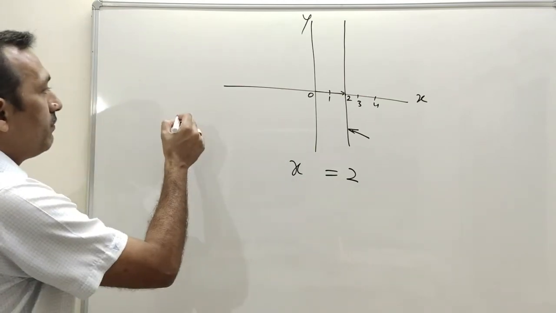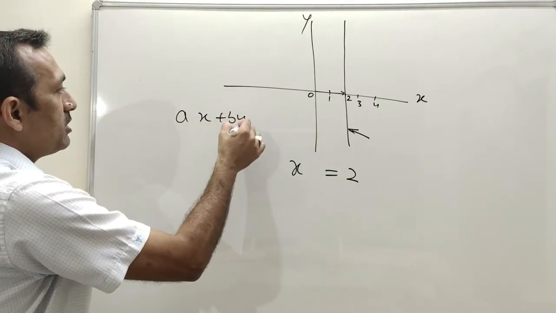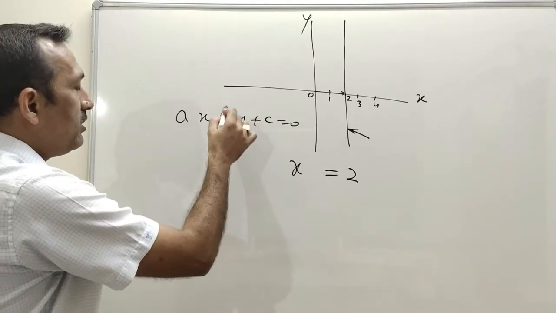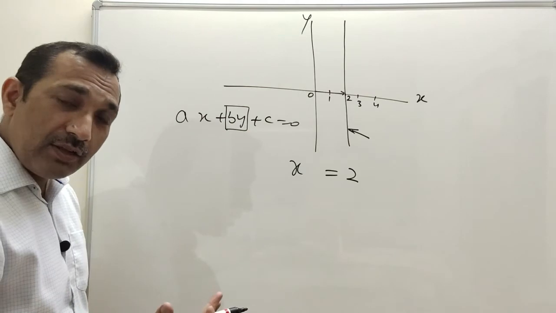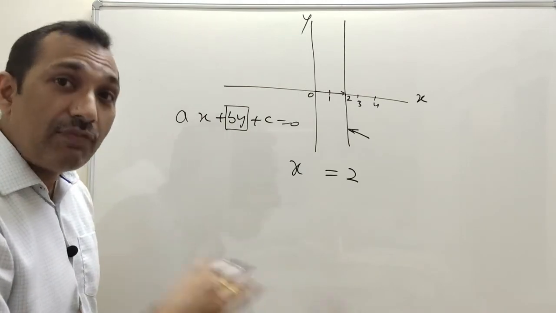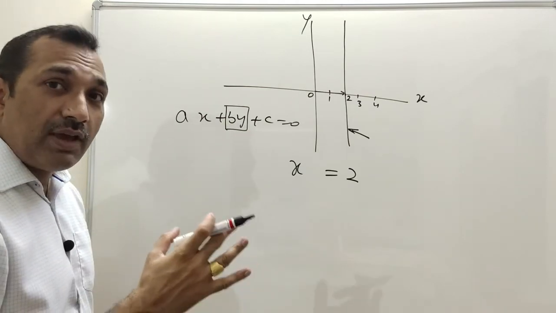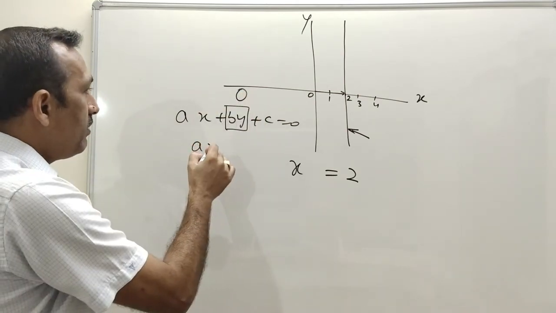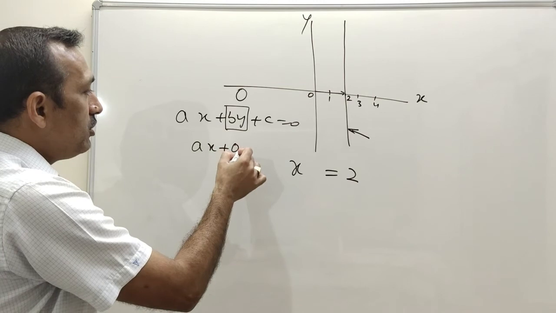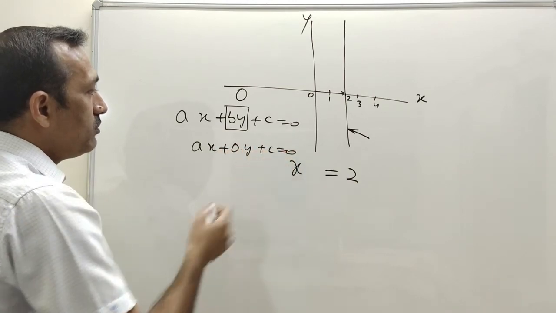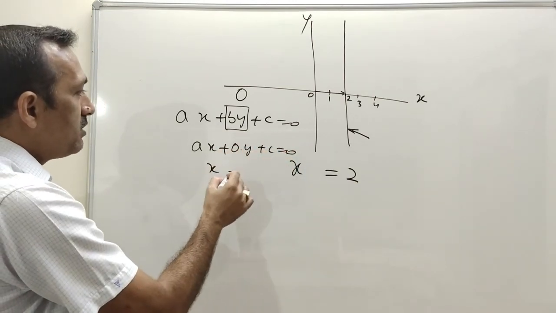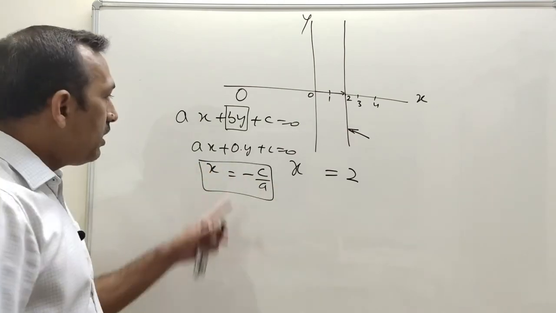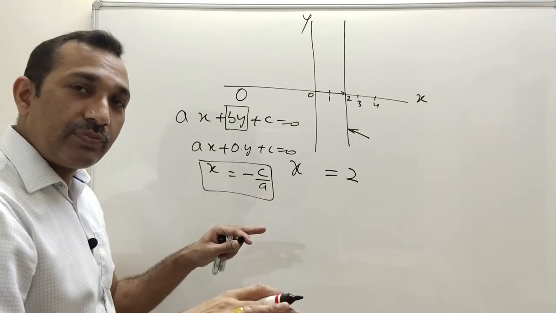That means the value of y should not impact the value of x. If we compare with the standard equation ax plus by plus c equal to 0, in that case this term should not have any effect, and that will happen when this value is 0. If I have ax plus 0 into y plus c equal to 0, then value of x will be minus c by a, and the effect of y is not there.